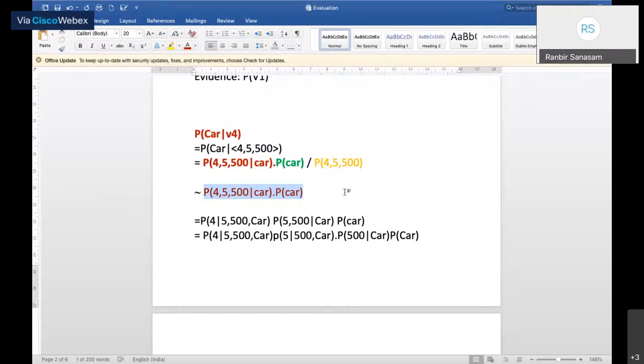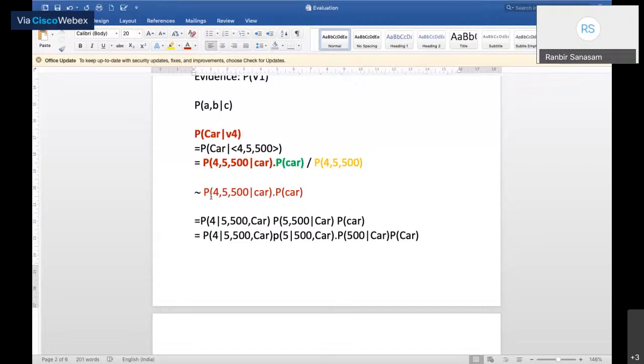So if you see here, I think some of you might have already calculated probability of something like A, comma B, comma C given C, right? If you want to expand this, how do you expand? You can expand this using the chain rule.